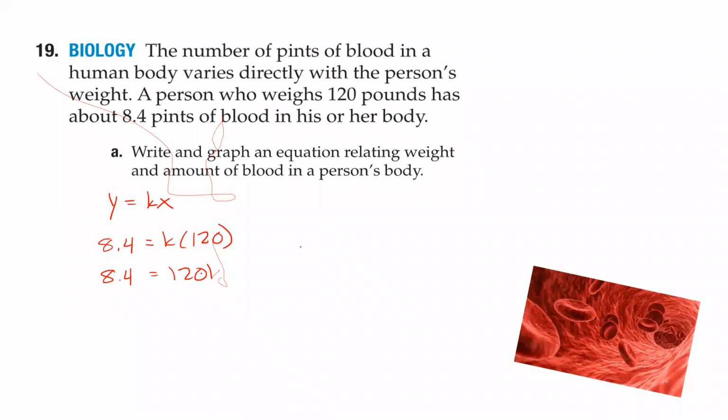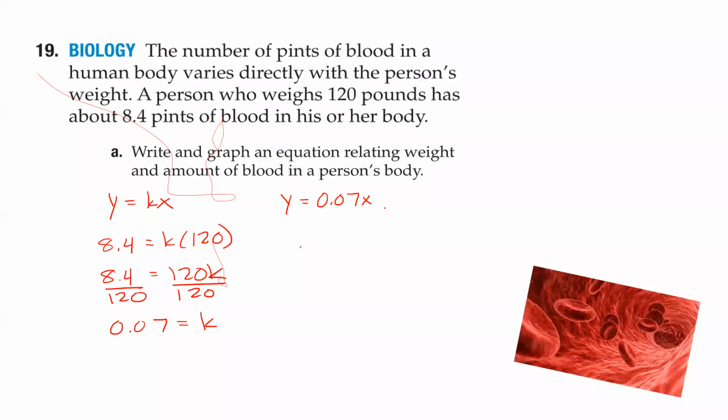So 120 times k. We would divide both sides by 120, and we end up getting 0.07 equals k. So when we write our equation, y is equal to 0.07 times x, or the weight.